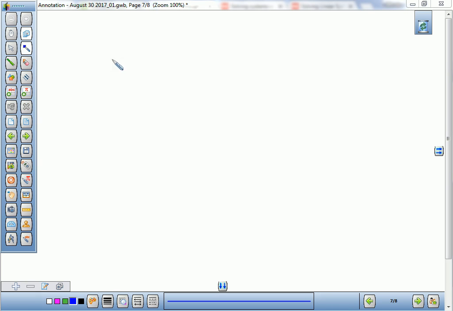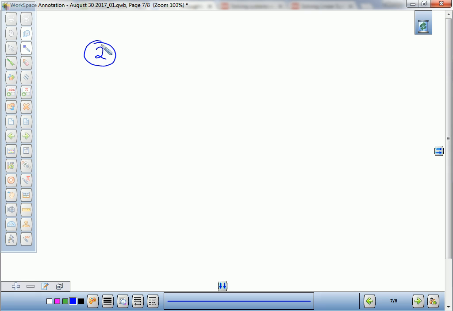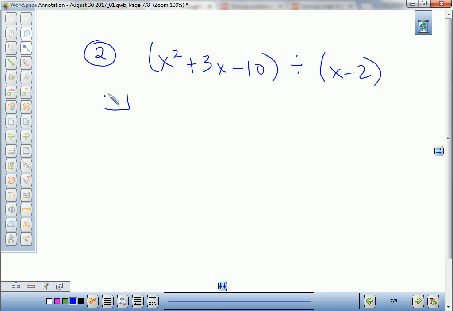So let's do number 2. We have x squared plus 3x minus 10 divided by x minus 2. Okay, so every time on the table is the opposite of your divisor. 2.